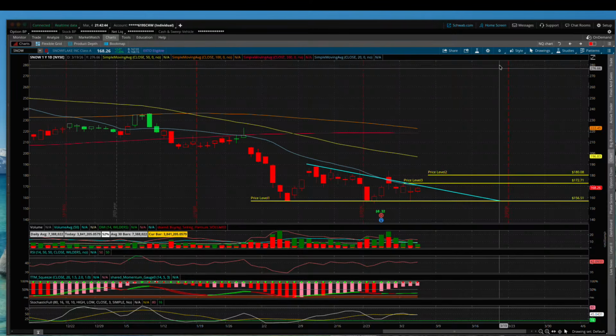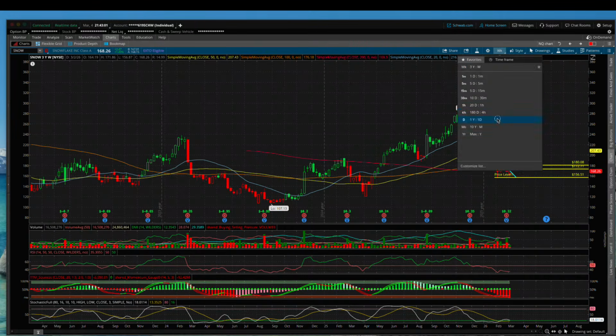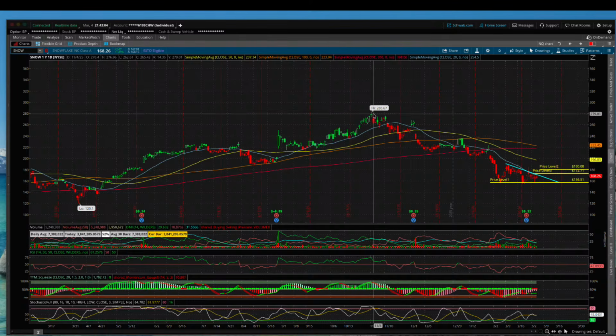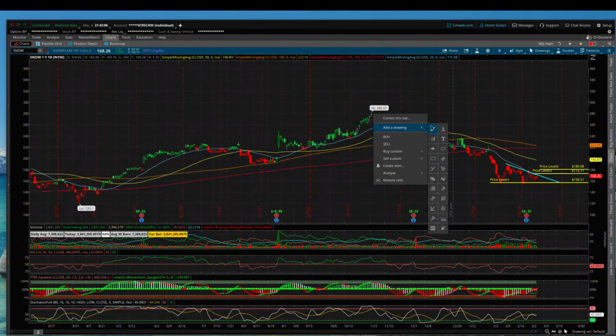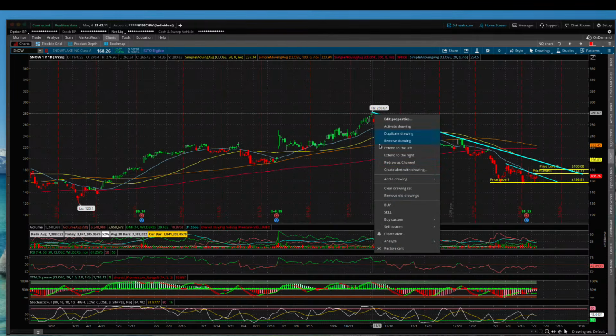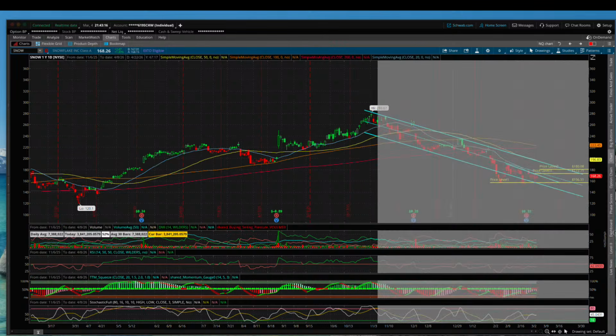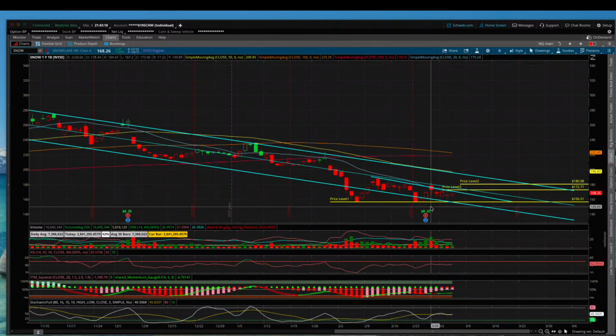You think this is the bottom of the bottom? I don't know. It does have some consolidation zones here. Could be a bottom. I don't know if it's the bottom of the bottom though. Yeah, I don't think it's the bottom of the bottom.